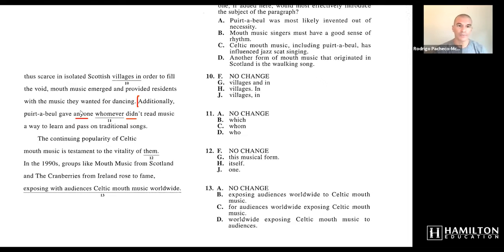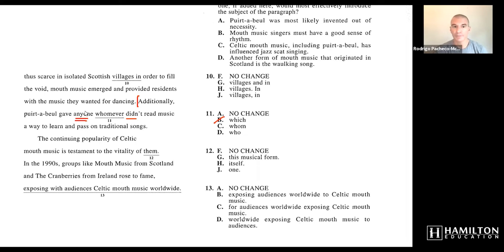Okay, so the other thing that is important here is that we are talking about people. That means that we can eliminate which, because which and that are not used for people. They are not personal pronouns.